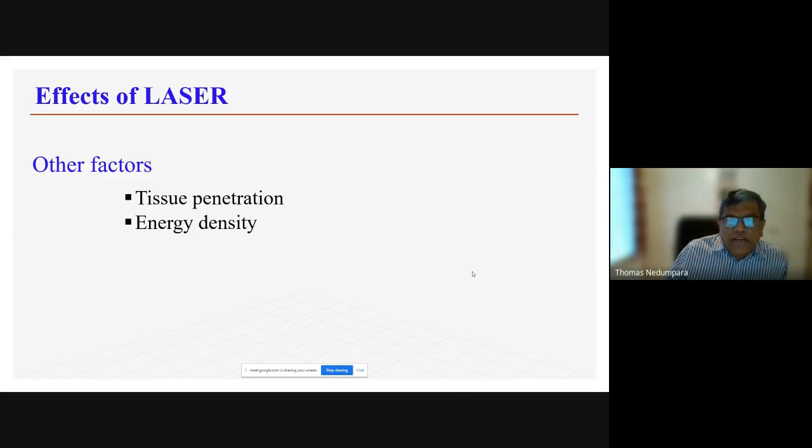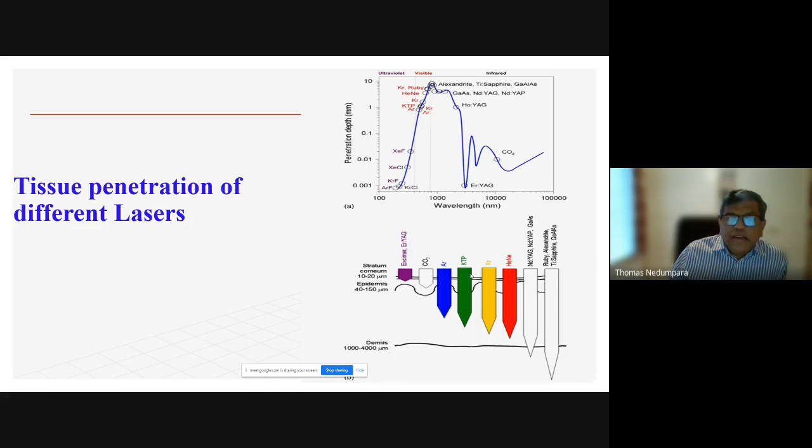There are two important aspects of the effect on tissue. One is the penetration of the laser, and second is the energy density. Because laser can be focused, it can increase the density of the laser.